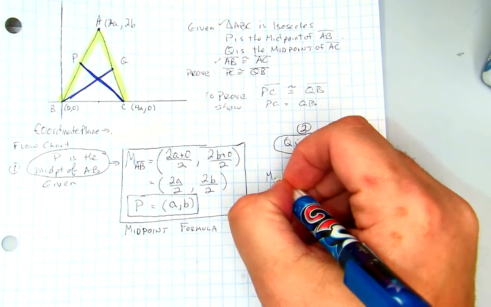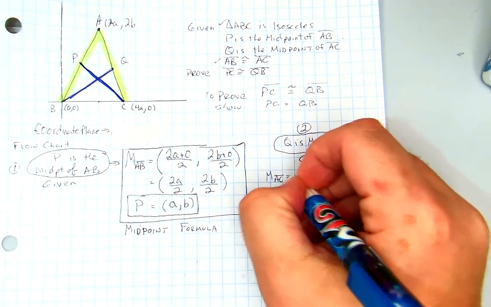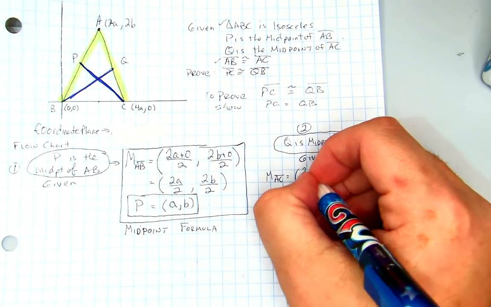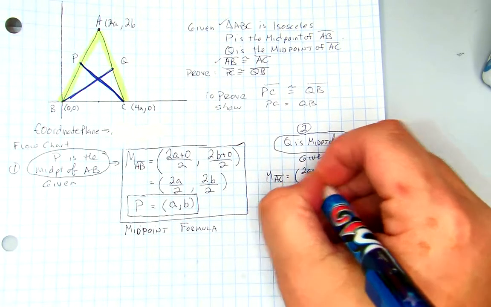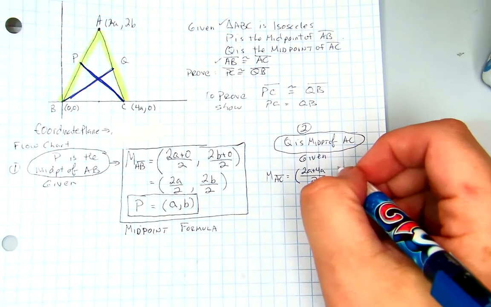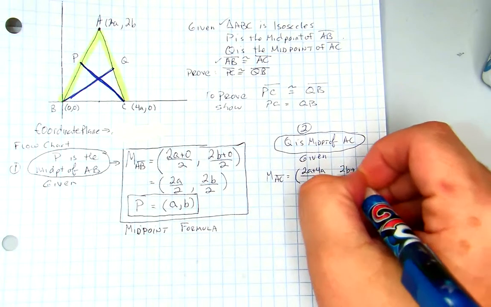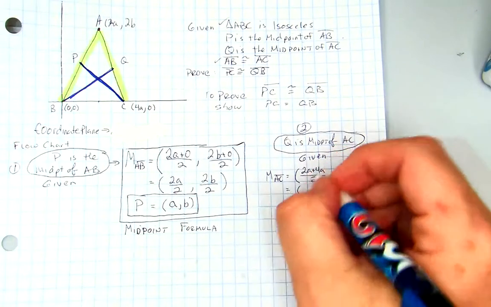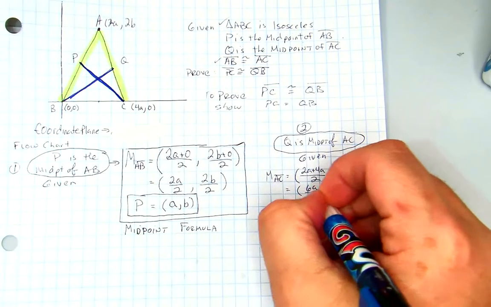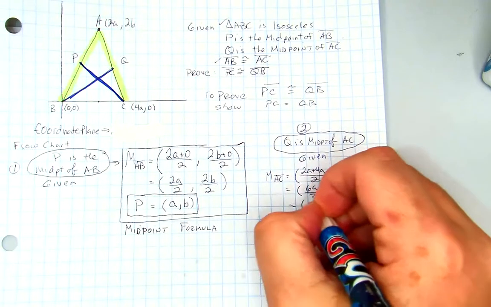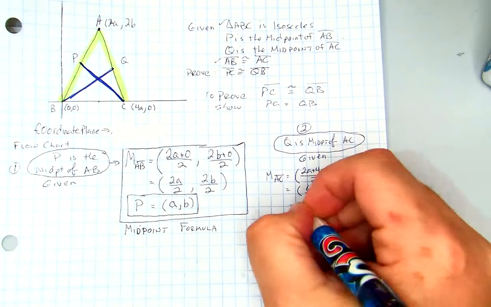So the midpoint of AC will be, add up the x's, 2a plus 4a over 2, and add up the y's, you get 2b plus 0 over 2. This is going to be 6a over 2, that's 2b over 2, which is 3a comma b.